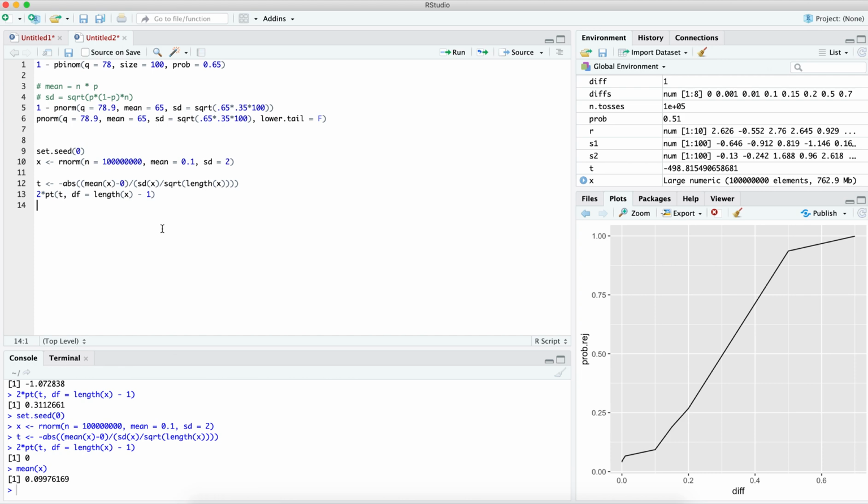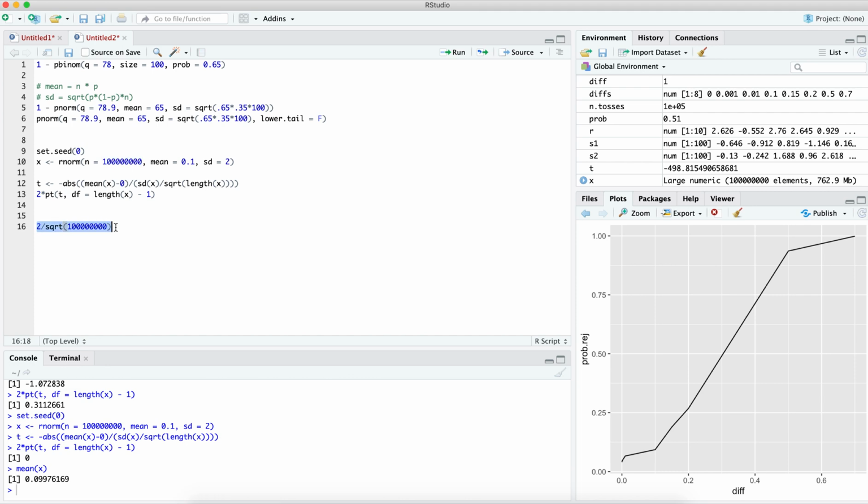In fact, we know how much it varies, right? If you know the standard deviation, which is 2, you can compute the standard deviation of the sample mean. It would be sigma, so 2, divided by the square root of this.